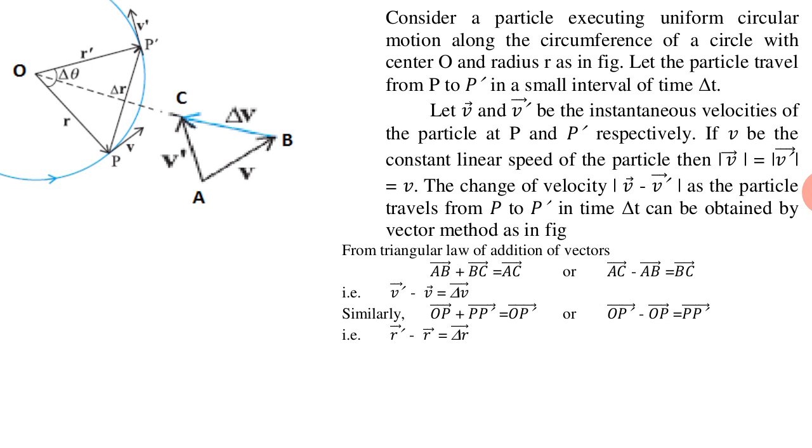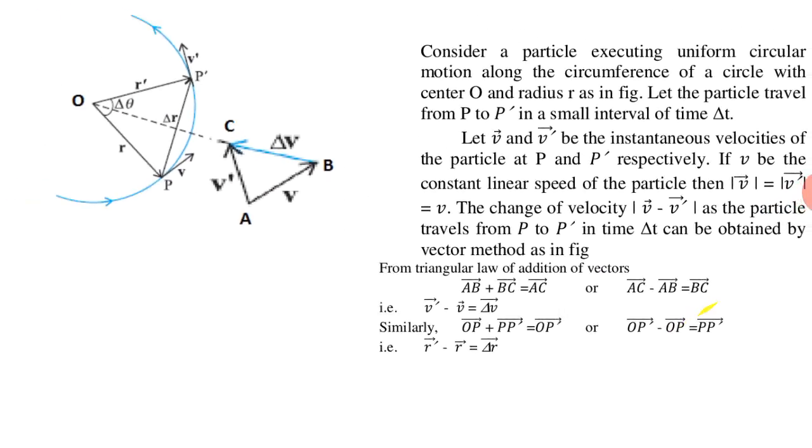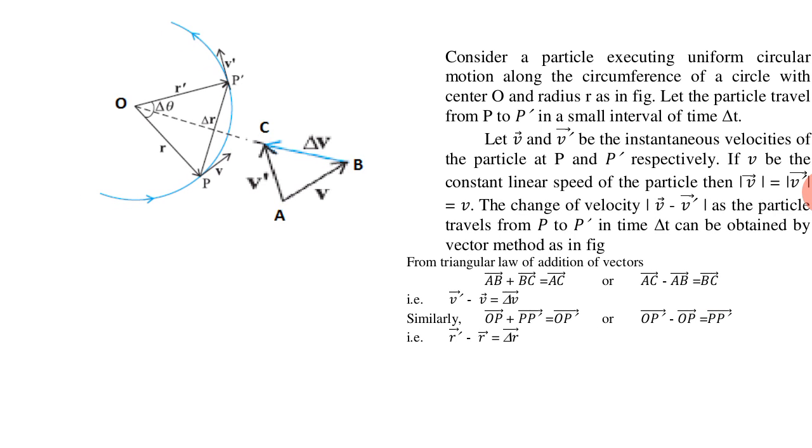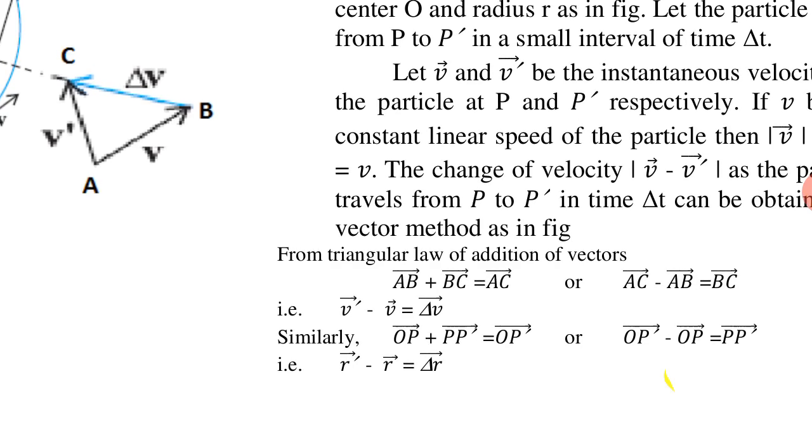Okay, so in this also there are two vectors, OP and OP dash are the radius vectors, and PP dash is change in the position of radius R. So similarly here also we can write vector OP plus PP dash equal to vector OP dash.